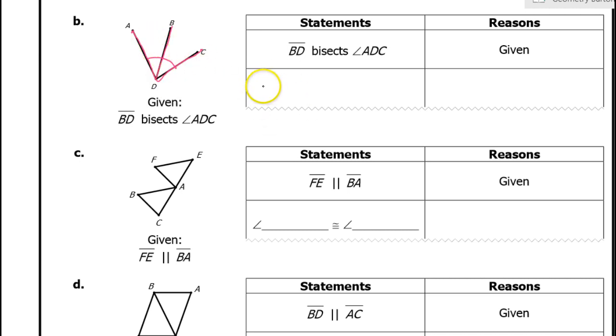And so we can now say that angle ADB is congruent to angle CDB. The order of these letters does not matter, as long as I put that D in the middle. I could have said BDA, or I could have said BDC, but those are congruent, and the reason is definition of angle bisector.